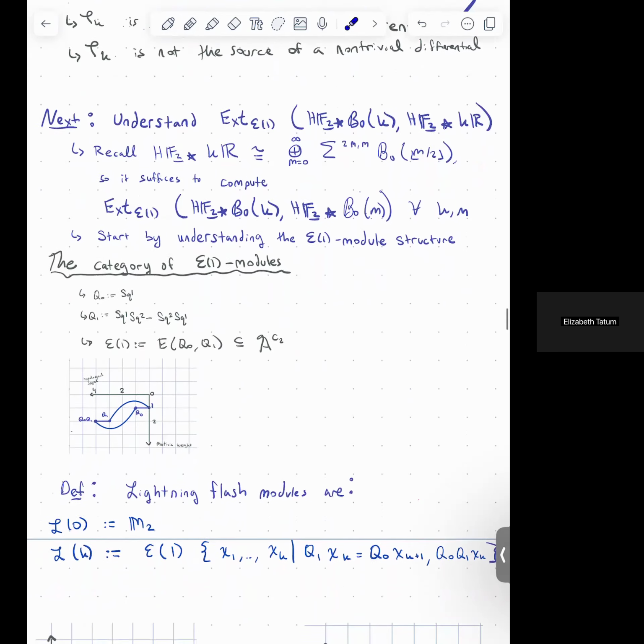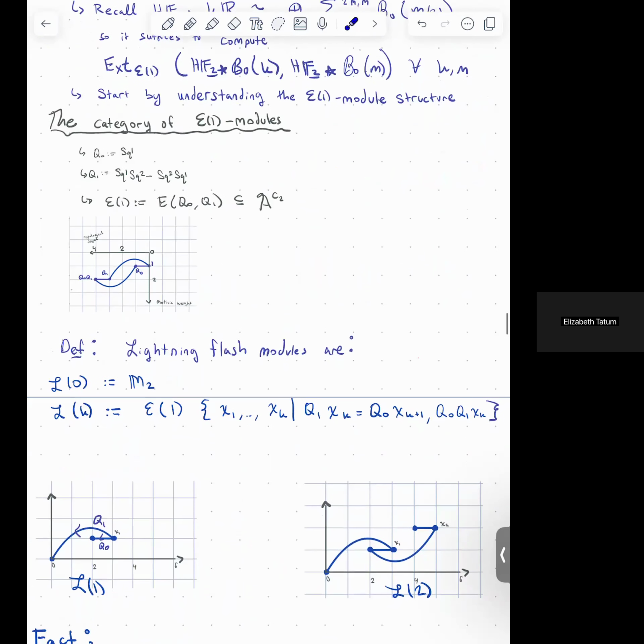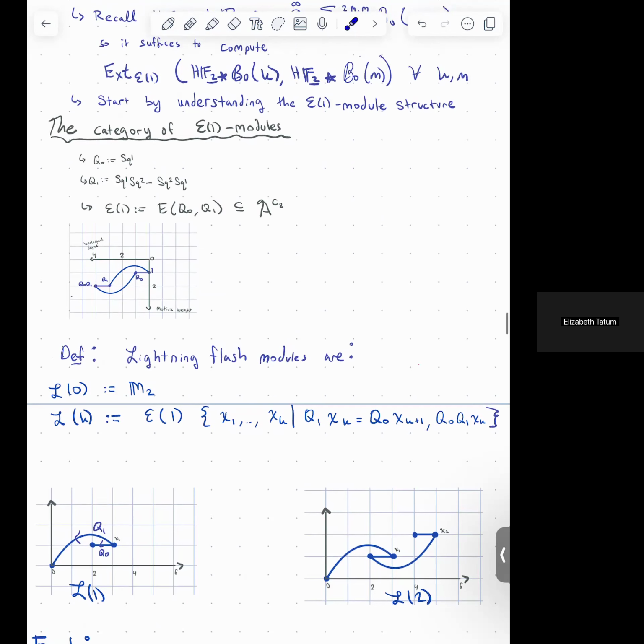Then we're going to be particularly interested in a certain class of E(1) modules, which are the lightning flash modules. L0 is defined to just be M2 or HF2 star. Then L(k) for each k is generated by k generators with certain relations. But I think the easiest way to think of them is to look at the pictures.